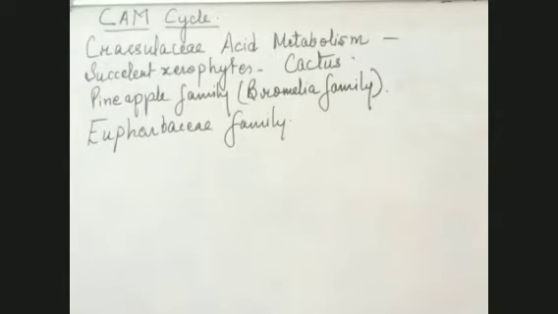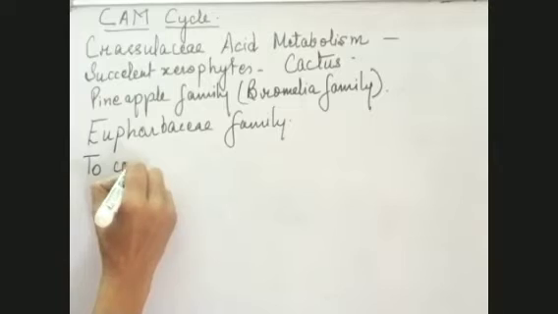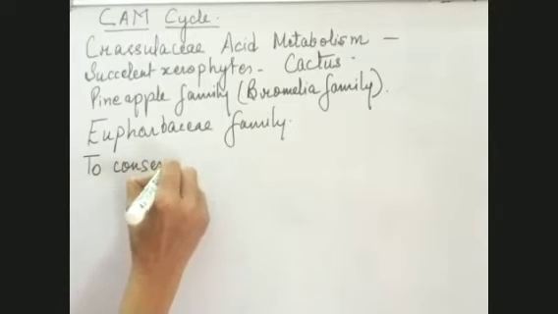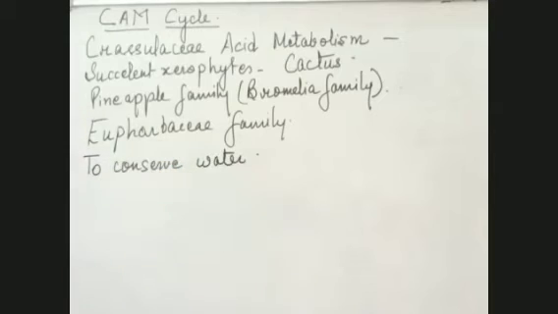So these plants show this CAM cycle. Basically, this cycle is present in these plants to conserve water. The main aim is to conserve water.